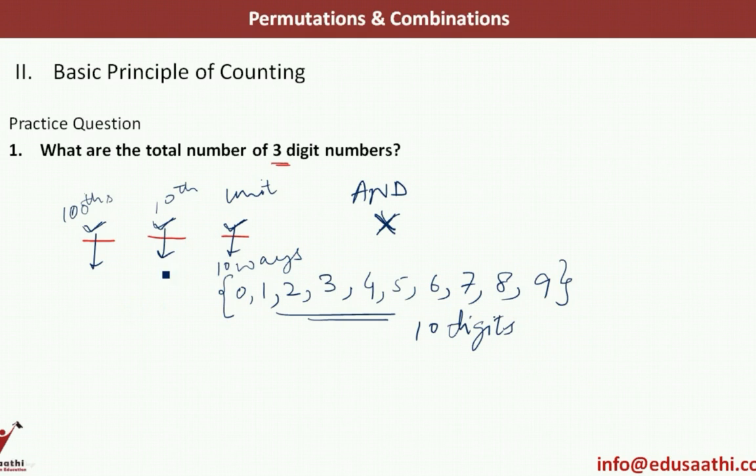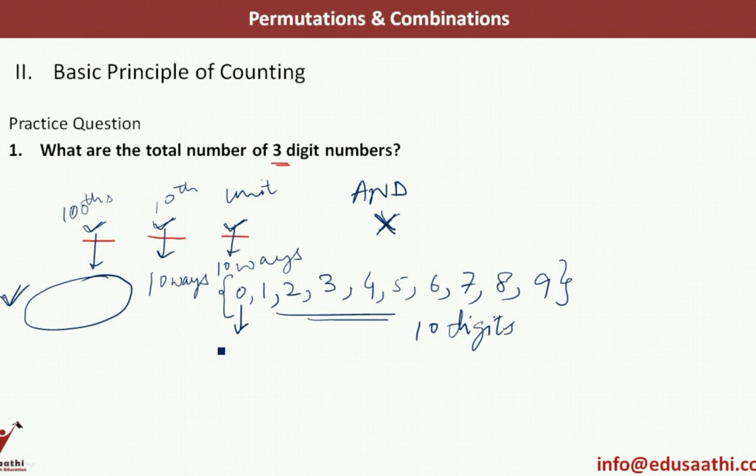Similarly, the tens place can also be filled up in 10 ways. So we have 10 here and 10 here. Now you need to give it a thought that in how many ways can we fill up this hundreds place. Now this is where most of the students will fall into the trap and mark the wrong answer. Now if you see carefully, in this hundreds place I cannot write 0.